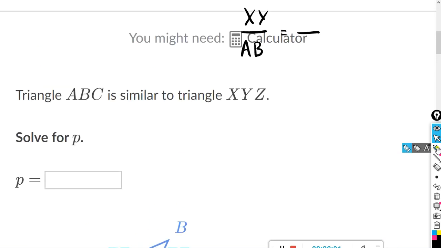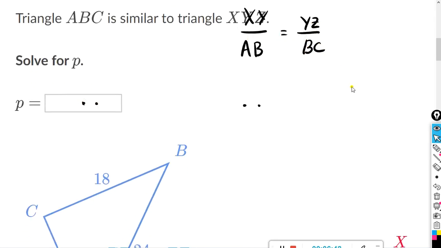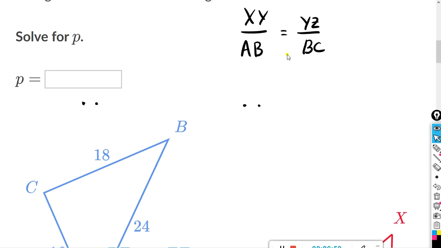Let's try the last two, YZ, and on the other one, BC, the last two. Again, make sure you're consistent. The denominators are from triangle ABC, and the numerators are from triangle XYZ.